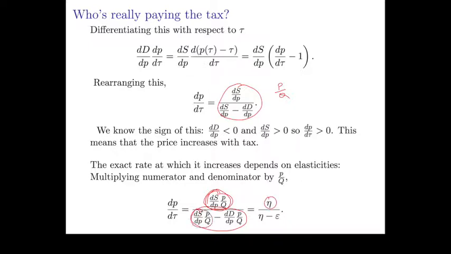Same thing with this term. And this latter term, which is the derivative of demand with respect to P times P over Q, that's nothing but demand elasticity. So we've got an expression for the derivative of price with respect to the tax: it is the ratio of supply elasticity to the difference of supply elasticity and demand elasticity.